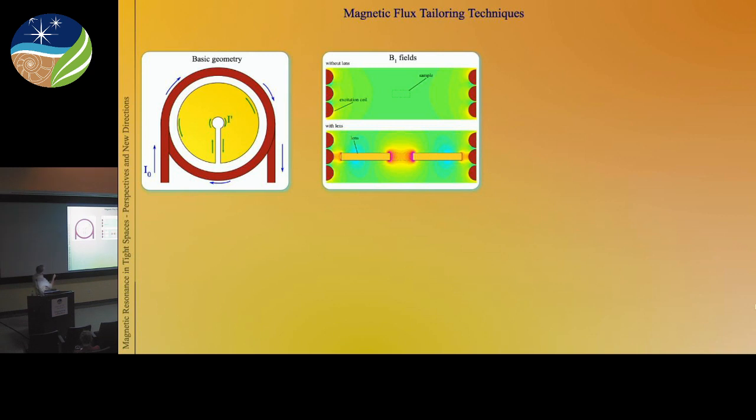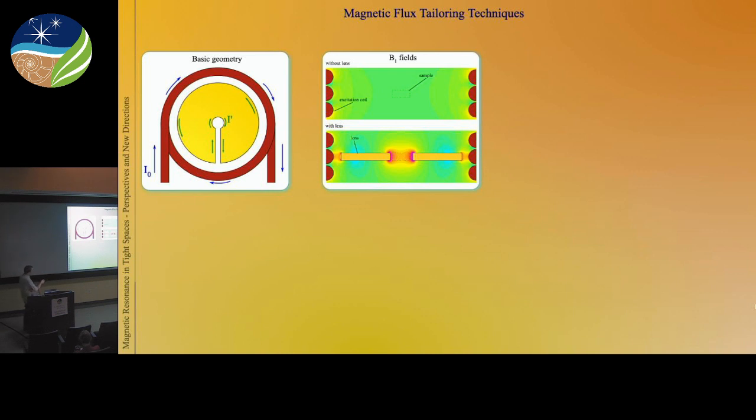And then at some point, of course, it is forced to enter this inner part. And now we have the nice situation that the outer diameter and the inner diameter are basically counter windings to one another, which leads to a very nice cancellation of the magnetic field between outer and inner diameter, and concentrates the B1 field energy in this inner part of the lens.